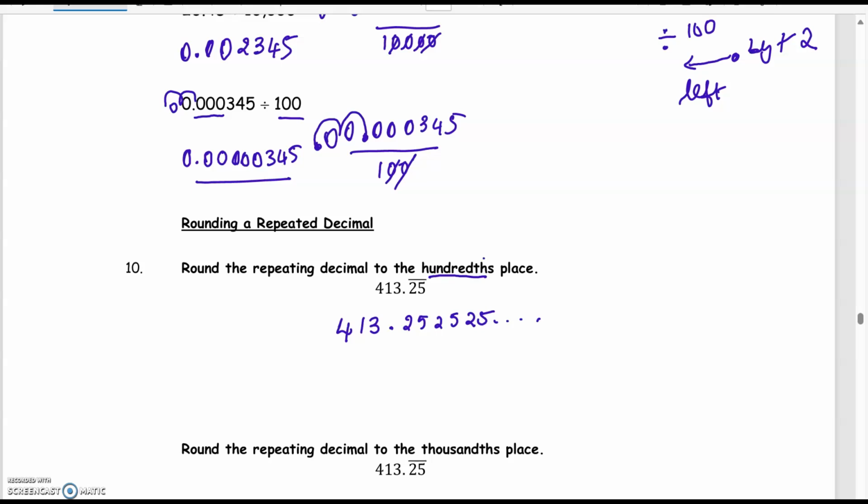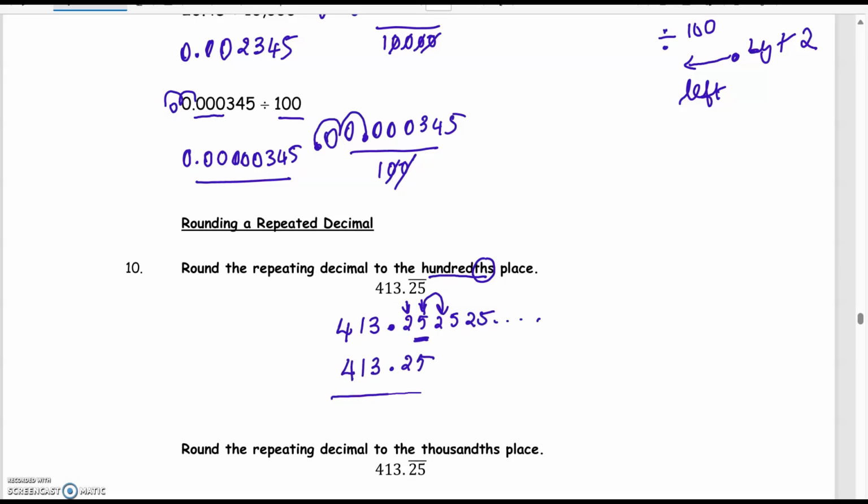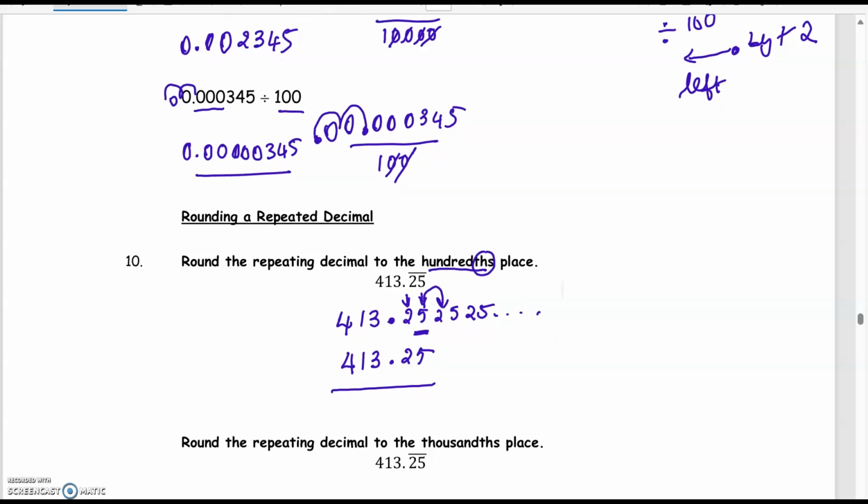So hundredths, THS, would tell you it's after the decimal point. This is tenths and this one is the hundredths. And when you look 1 place value to the right, it tells you to round down, which means leave the 5 alone. And your answer has been rounded to the hundredths place.